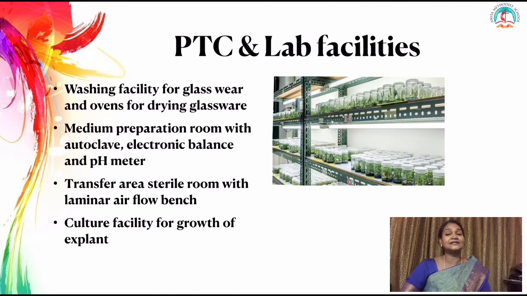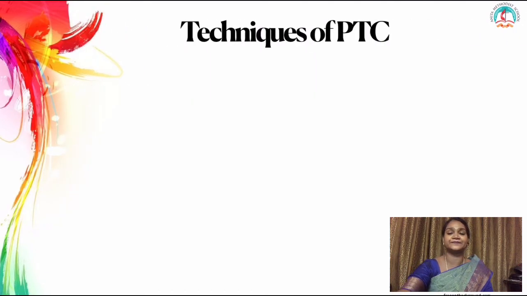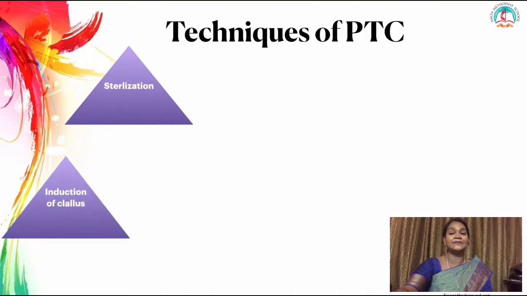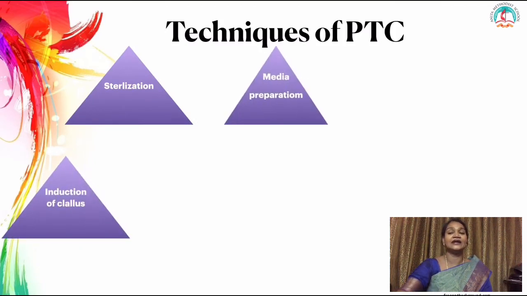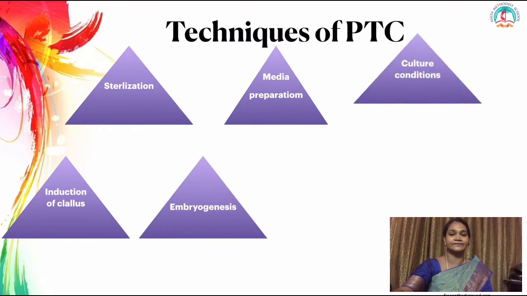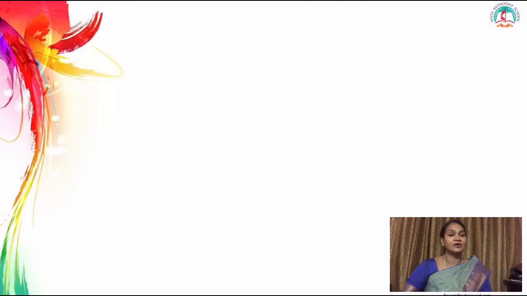Let's see the techniques of plant tissue culture. What are the techniques involved in plant tissue culture? First one is sterilization, then induction of callus, embryogenesis, media preparation, hardening, and finally the culture conditions. Under sterilization, what is sterilization?